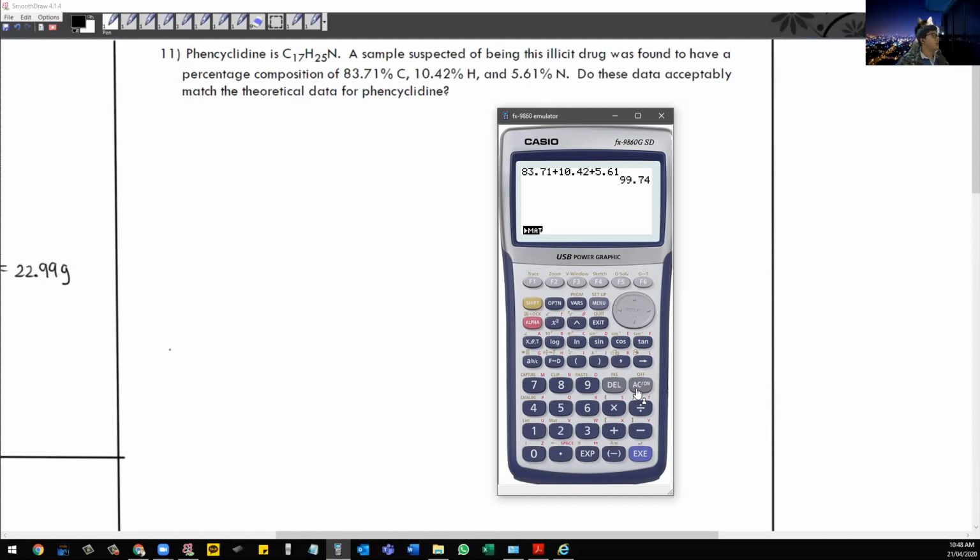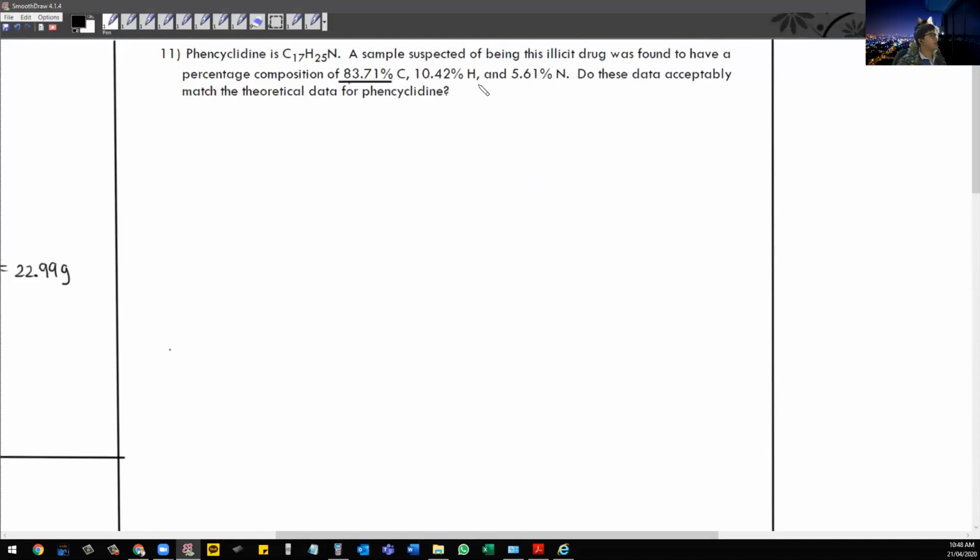All right, so what we need to do is figure out whether this compound that is suspected of being this illicit drug is indeed this illicit drug, okay? So what we need to do is just assume that there are 100 grams of this, of a CxHyNz.